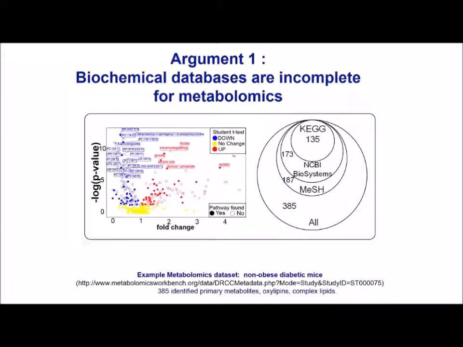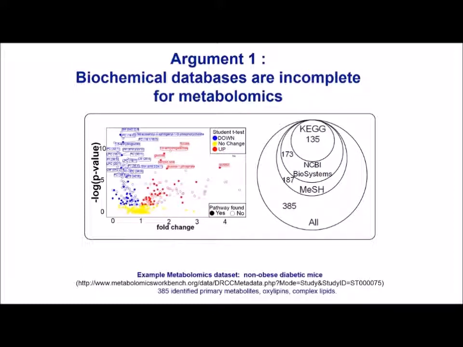It's about 45%. But as you can see, these biochemical databases do not cover all of the known compounds that we have in our high quality metabolomics dataset, and these uncovered compounds will be ignored in a pathway-based approach and further interpretation.